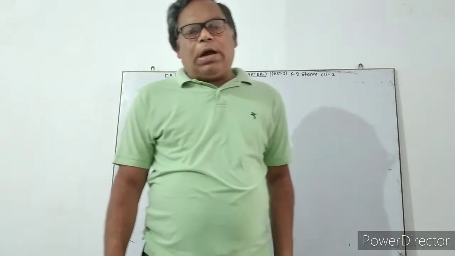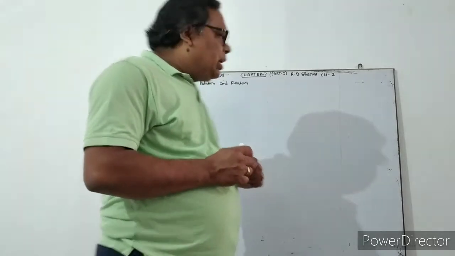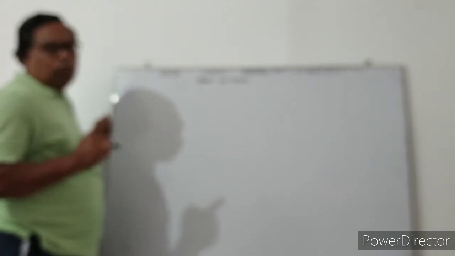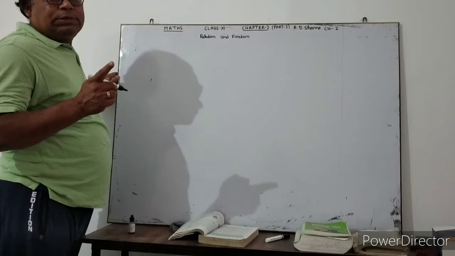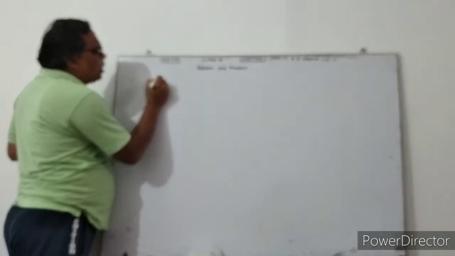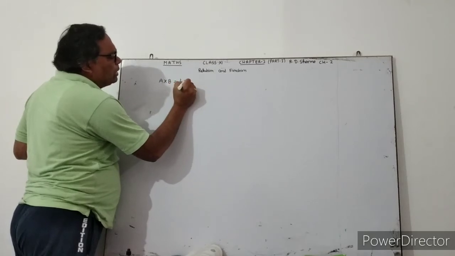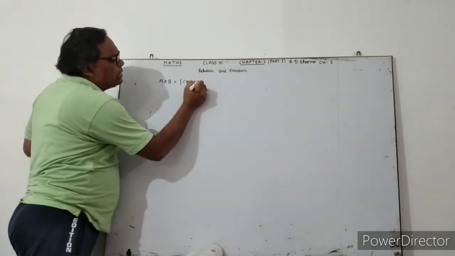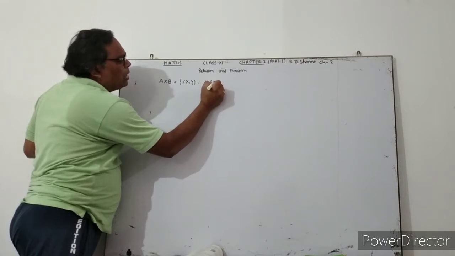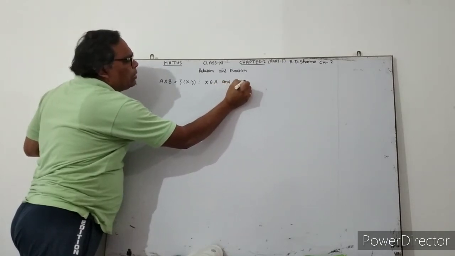If A and B are two non-empty sets, then the Cartesian product A cross B is the set of (x, y) such that x is an element of A and y is an element of B.